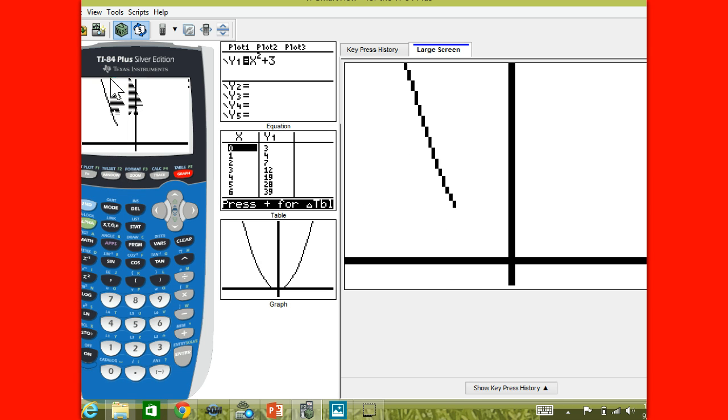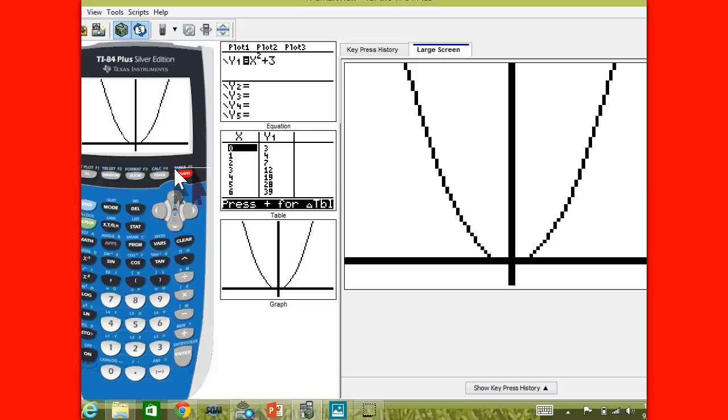All right, so if I graph that one, which is better, the last one we had or this one? The last one. How come? Because you can see the vertex. Yeah, for the last one, we were able to see that we had a y-intercept at +3. This one looks like my y-intercept is at 0, right? So definitely that last one would have been the best viewing rectangle for what we had.